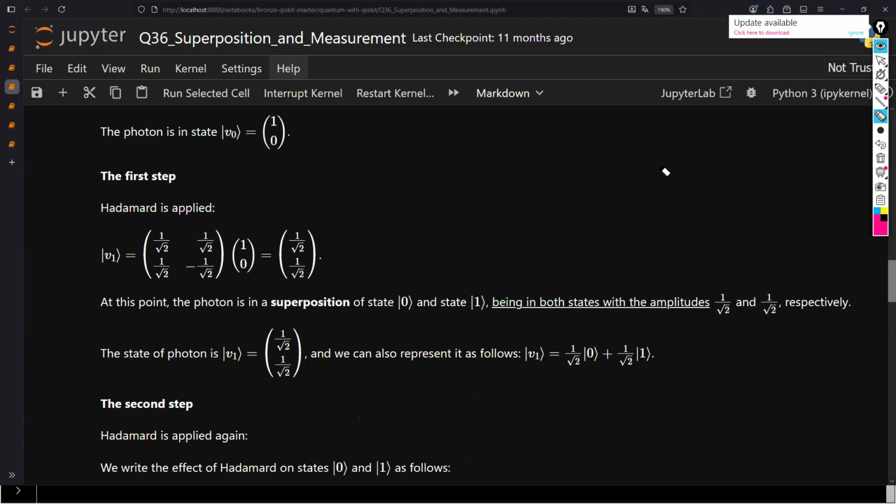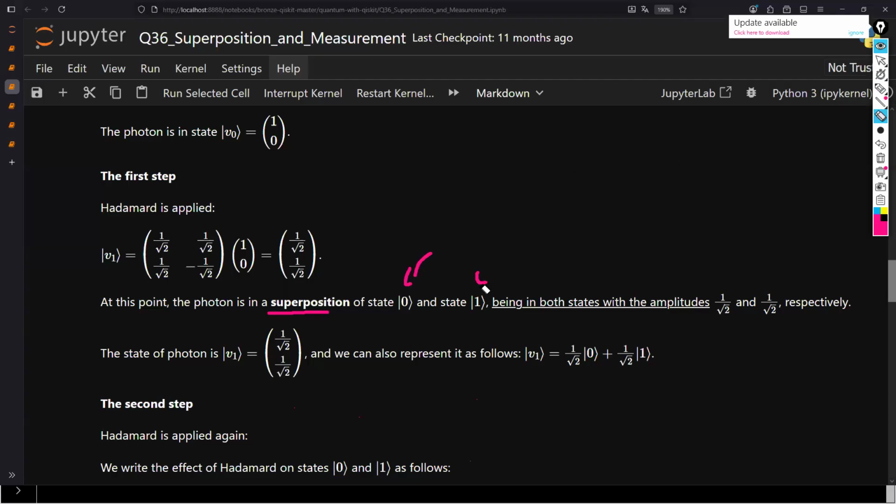Until the measurement happens, the entire state on our quantum hardware is expressed as a superposition of many different states. In the case of a single qubit, it would be only 0 and 1 because we have a single bit of information.